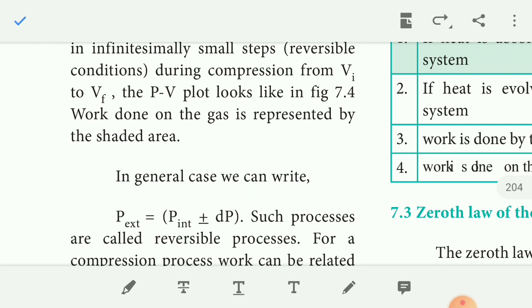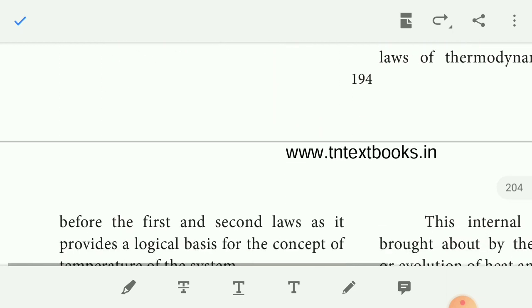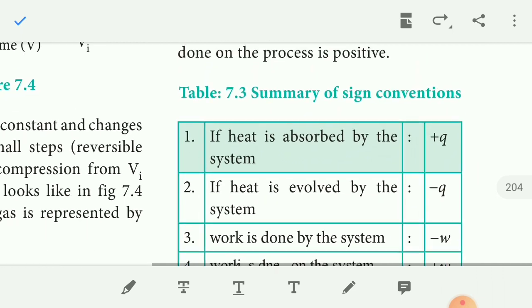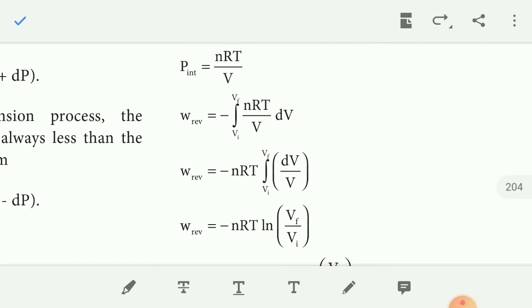For a given system with an ideal gas, P internal V equal to nRT, so P internal equal to nRT by V. So W reversible equal to minus the integral from initial to final of nRT by V dV.